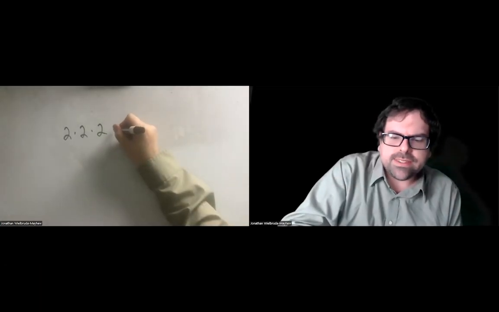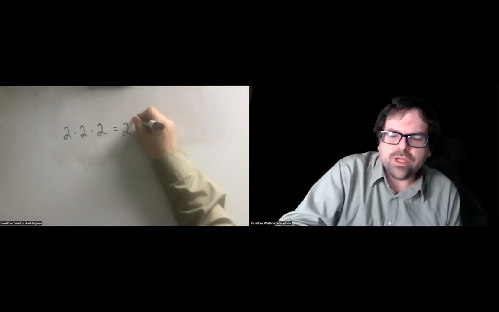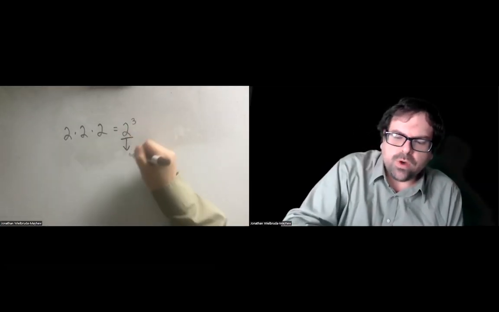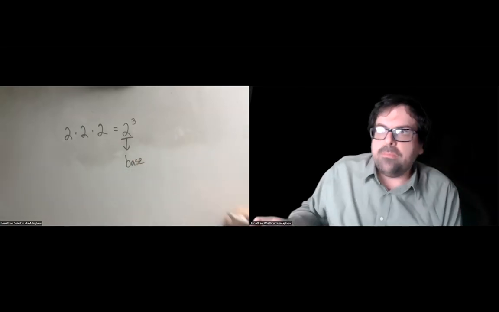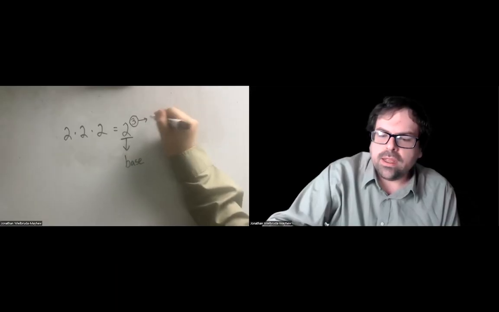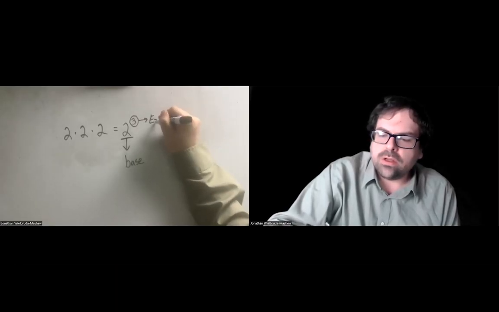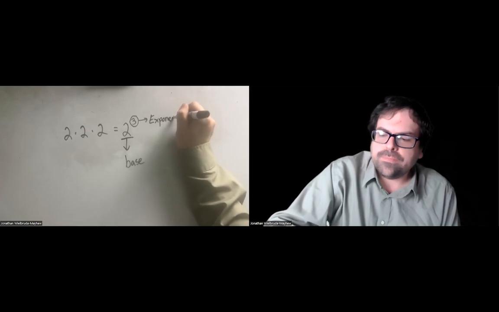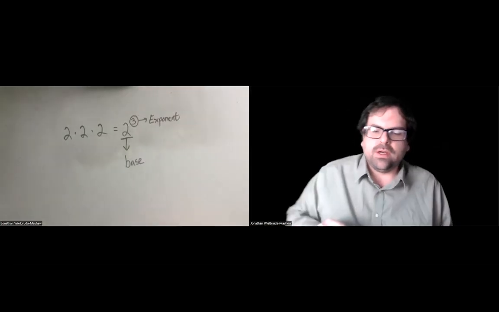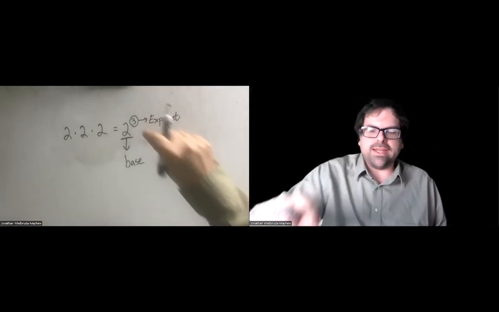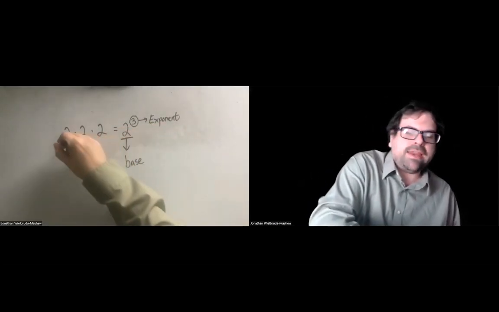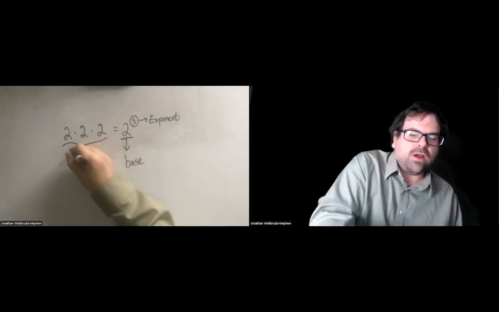We could write this as 2 to the third power, where 2 is what we call the base, and 3 is what we call the exponent. So an exponent is a little floating number off to the top right of a base. And the exponent tells us how many factors of the base there are.